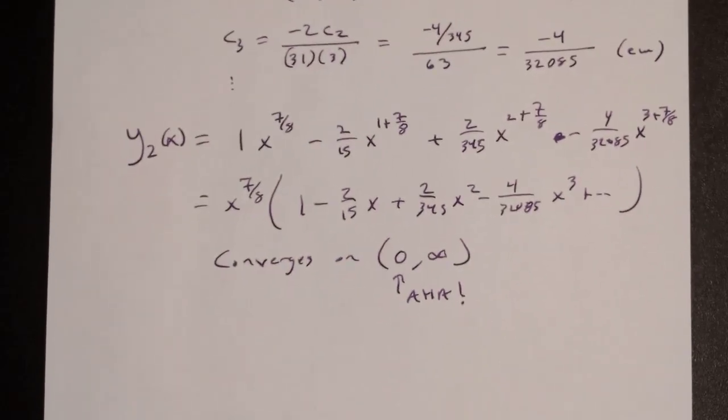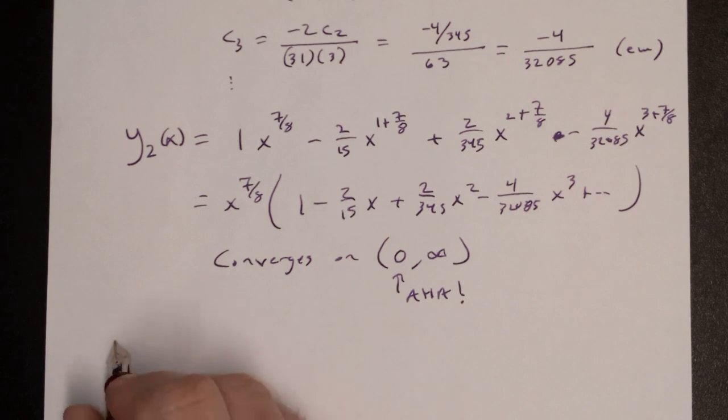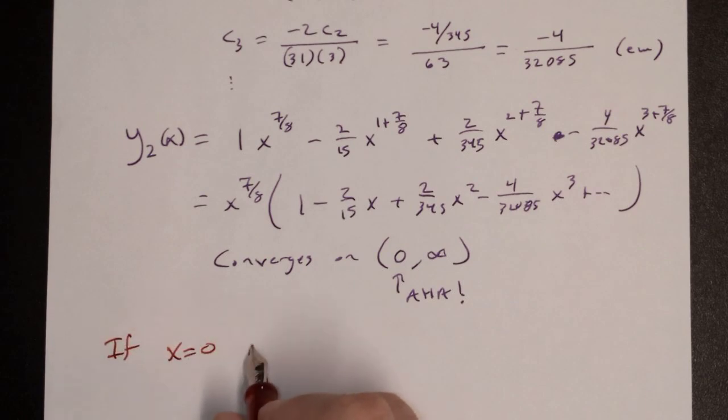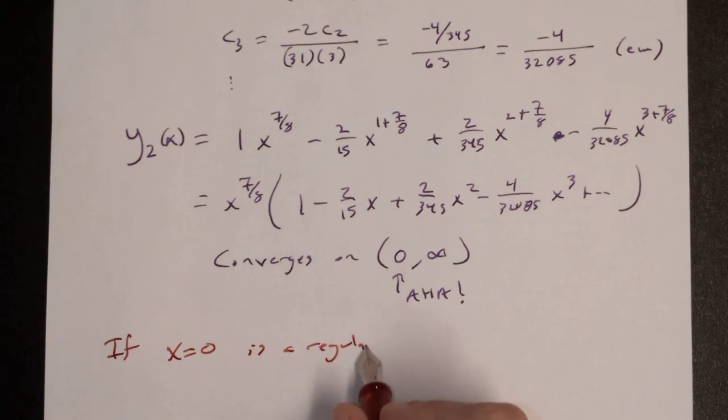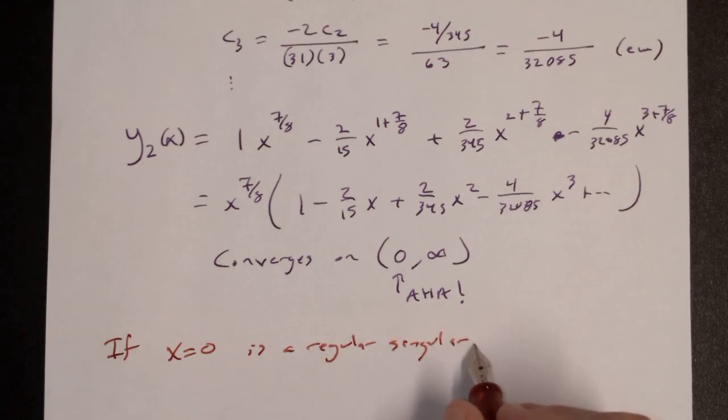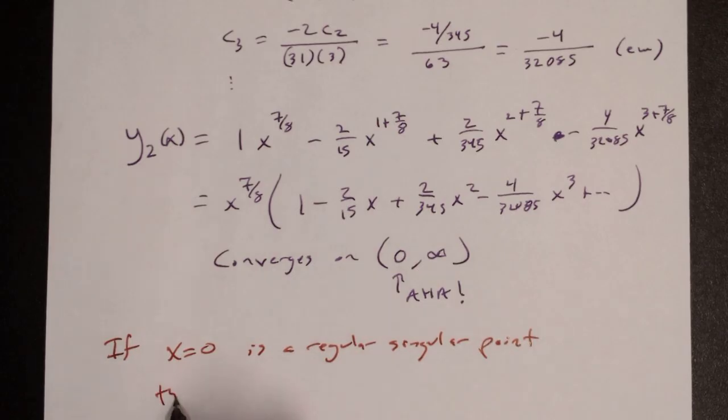Please note, I got the index equation by looking at the lowest possible power of x, right? I had x to the k was -1. That was the smallest I could make it. If x equals 0 is a regular singular point, then I take my differential equation.